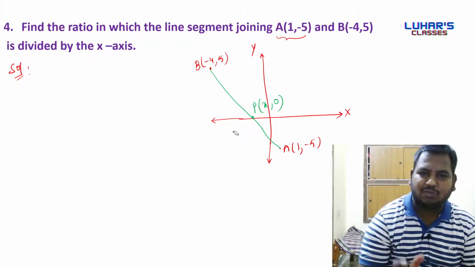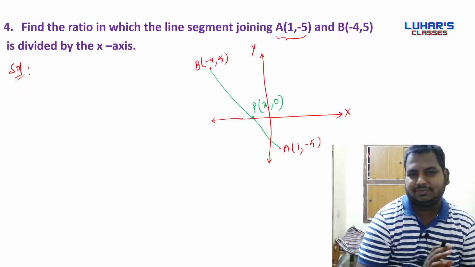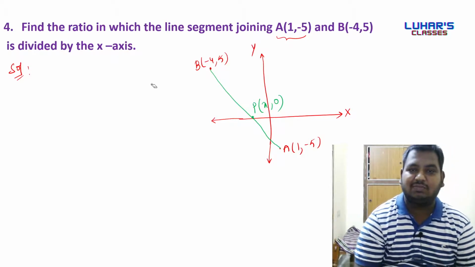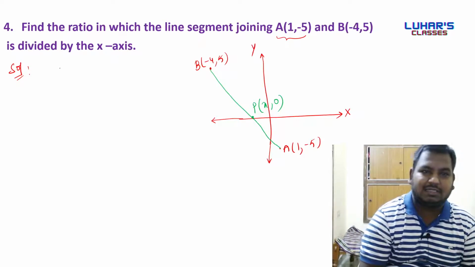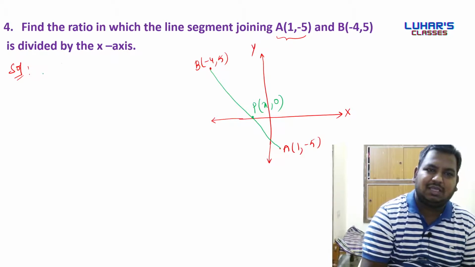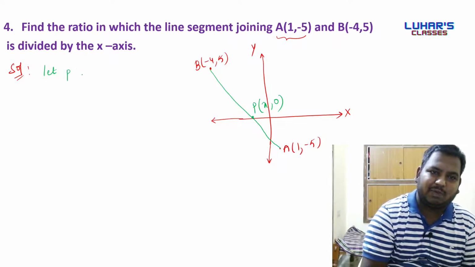So this problem is similar to the previous problem. Let us assume the ratio as m1 is to m2. Let P divide AB in the ratio m1 is to m2.